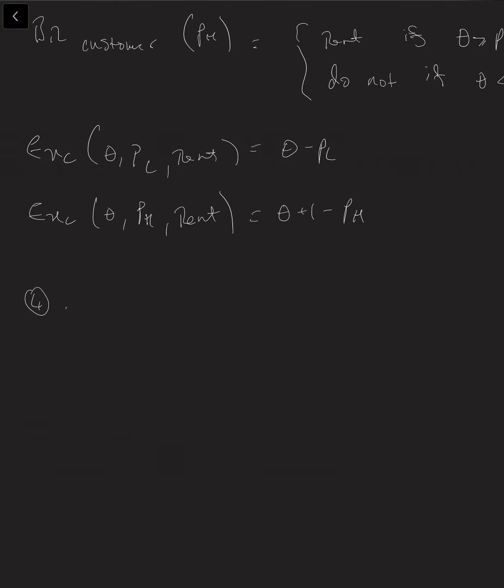The first class: Monica could post the high quality flat at PL instead of PH, so we could have a deviation from PH to PL in the case of the high quality flat, and then a deviation from PL to PH in the case of the low quality flat.